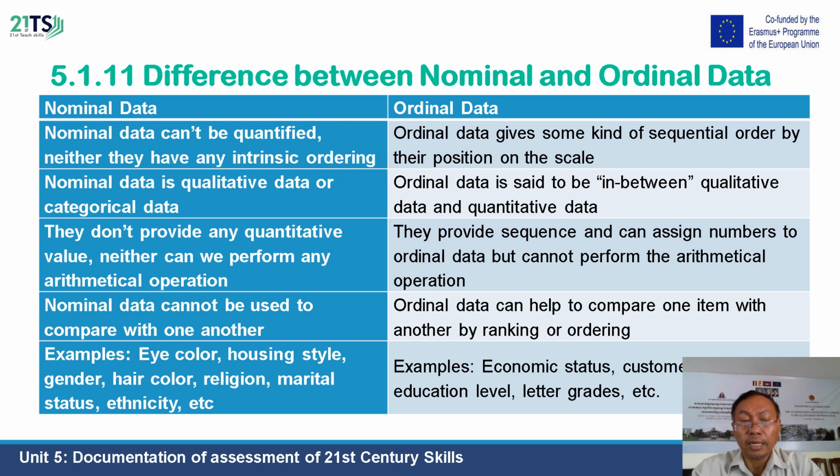Ordinal data can help to compare one item with another by ranking or ordering. For example, in nominal data, we have eye colors, housing styles, genders, hair colors, religions, marital status, ethnicity, etc. Whereas in ordinal data, we have examples of economic status, customer satisfaction, education level, or letter grade in the exam, etc.